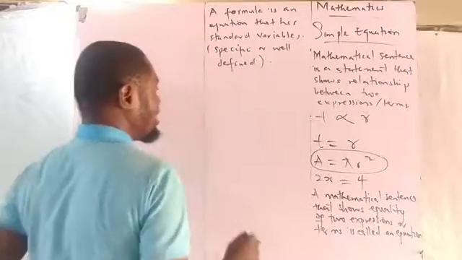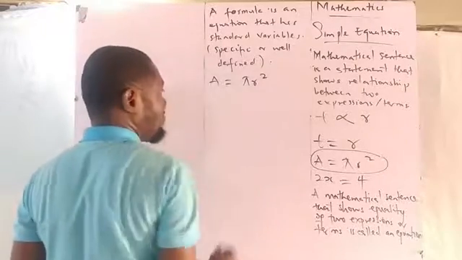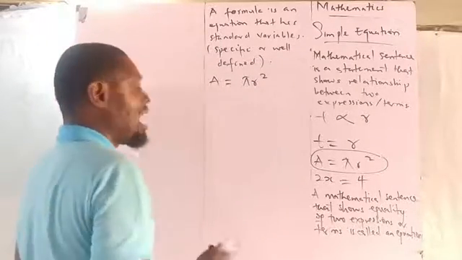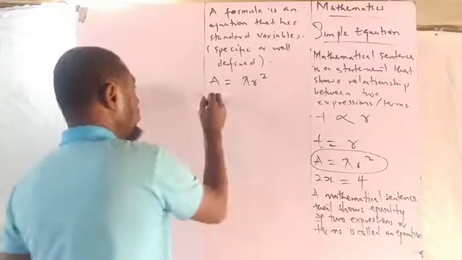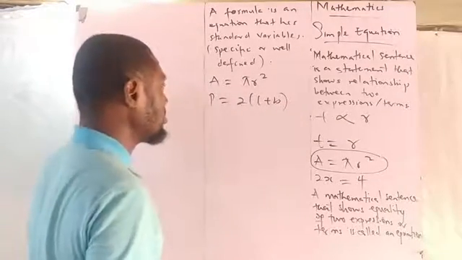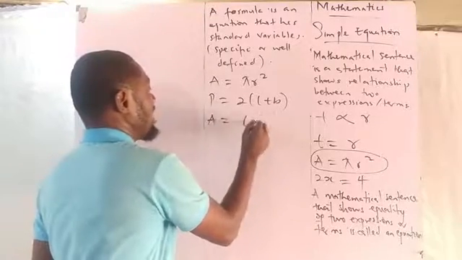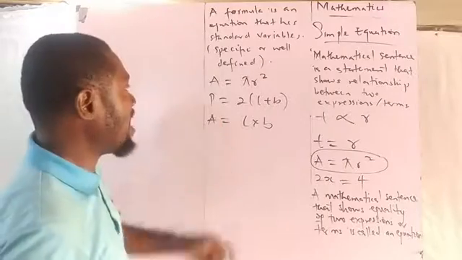Examples: we have the area of a circle, which is pi r squared. The perimeter of a rectangle, which is 2 into L plus B. The area of a rectangle, which is length times breadth. These are all different formulas.